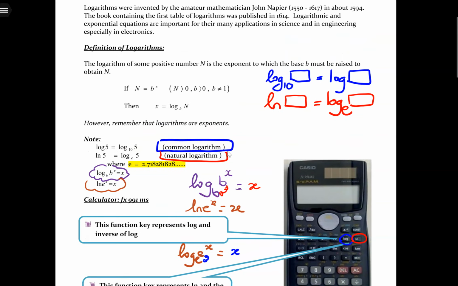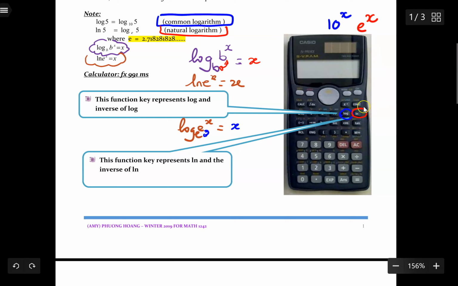The common logarithm is the base 10, so the inverse operation would be 10 raised to the exponent x. And here's your natural logarithm, which means the base of this log is equal to e, so the opposite operation would be e raised to the exponent x. Let's talk about the inverse between these two on the next page.